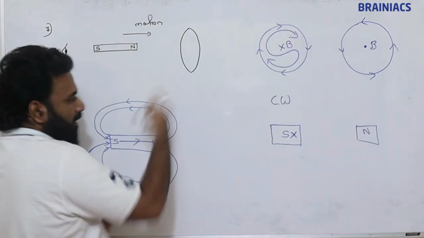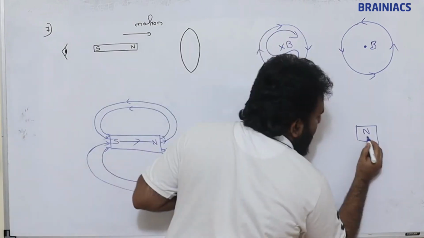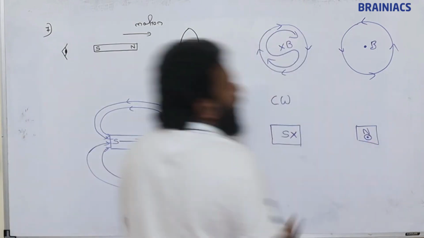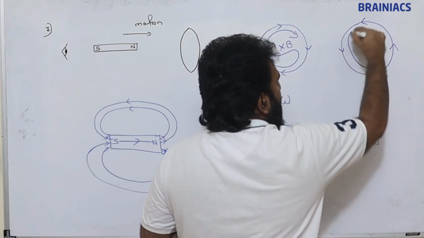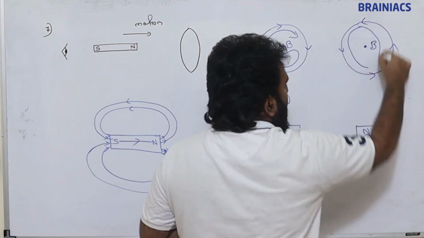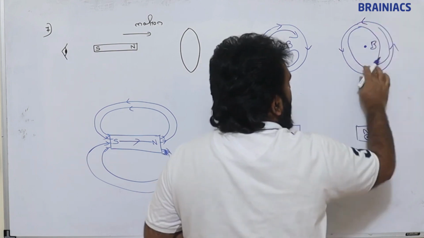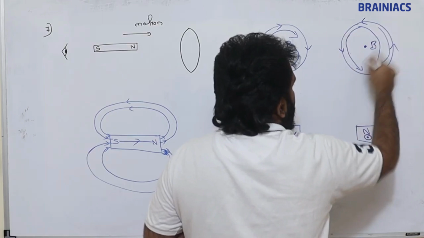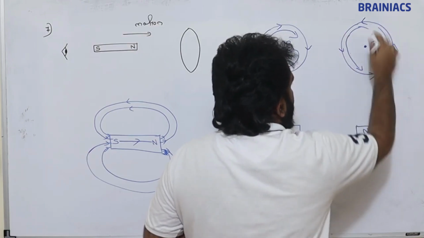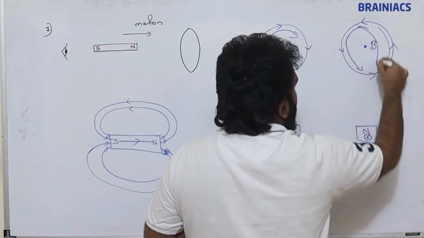Magnetic field lines are coming out, so I can show it like this. So this is the north pole.